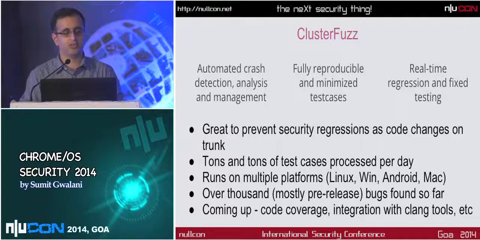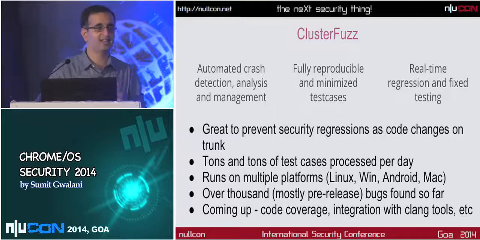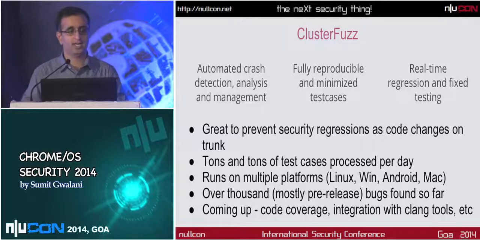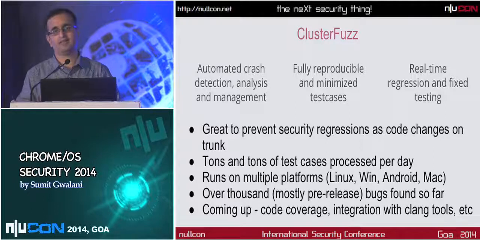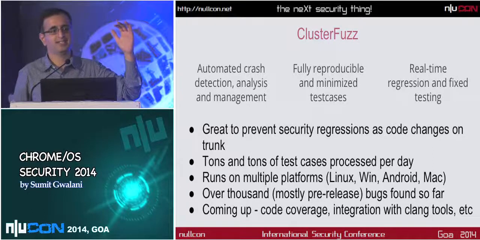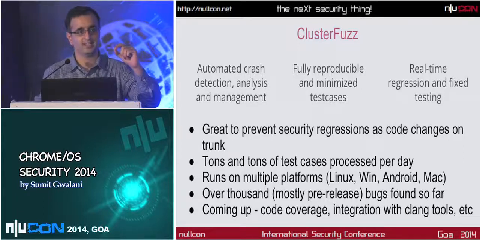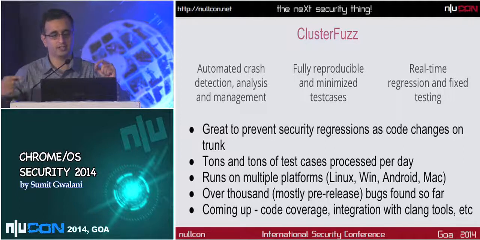So the idea was to create a fully automated crash detection system that could take a crash in Chrome, analyze it, and see if it is a security issue. Sometimes we get crashes from files which are megabytes in size. How do you reduce it down to the smallest minimal size so that you can easily reproduce it?